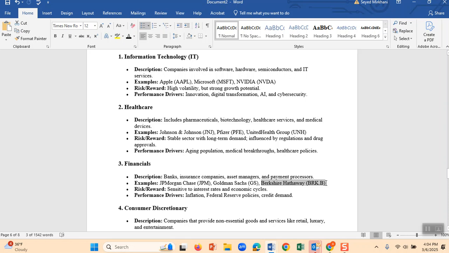Berkshire Hathaway has two classes of stocks. One is the B share, which I don't know, maybe 400 dollars, how much. But for the A share, one share of this Berkshire Hathaway, class A, is $800,000.